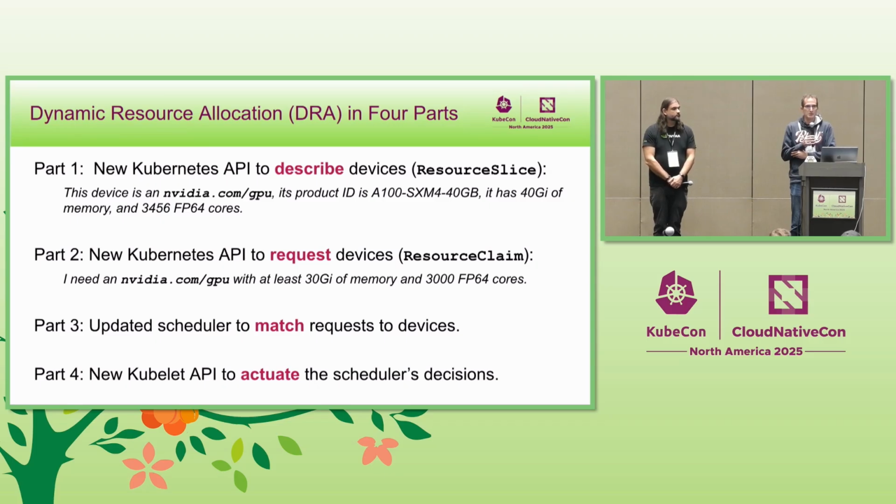The user then requests devices, again, using a new top-level type, the resource claim. And that resource claim can have filters that are based on these attributes of the device. So you can have a very specific requirement. If you want just a special CPU, a GPU of a certain vendor, you can ask for it. Or you can be more flexible if you are okay with some other kind of GPU also. You can express that.